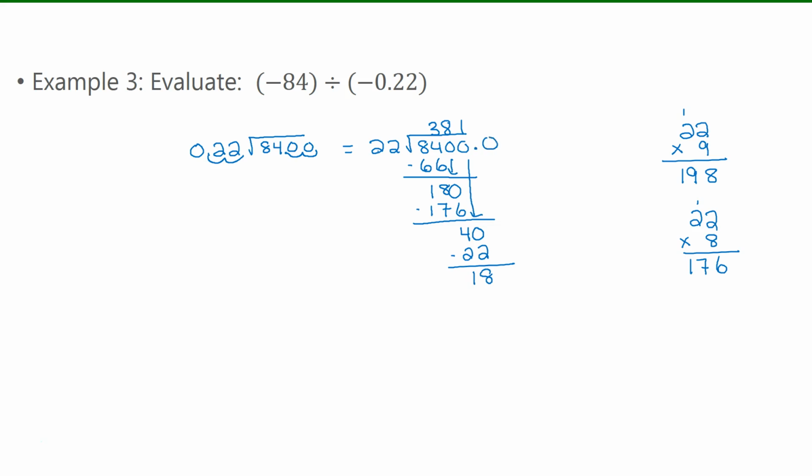If I add some zeros here, I'm going to end up with a repetition because I end up with 22 into 180 again. It's going to be a repeat of this step and then a repeat of this step again. I'm going to end up with 81, 81, 81, and so on. So let's write our answer now. Negative divided by negative is going to be a positive. So our answer is 381.81 repeating.